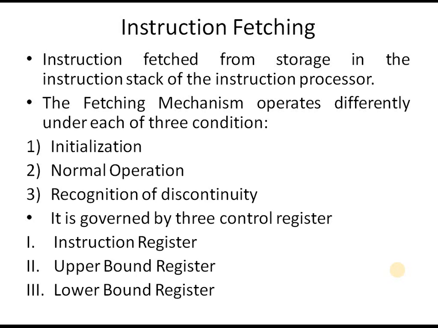When incrementing of the upper bound register would cause the three low order bits of that register to match the three low order bits of the lower bound register, both the upper bound and the lower bound registers are incremented. Discontinuities. A branch operation, interruptions, or a store into the instruction string may cause a disruption in fetching.